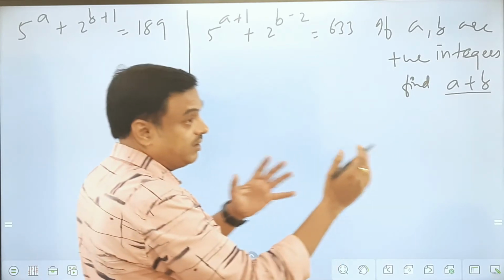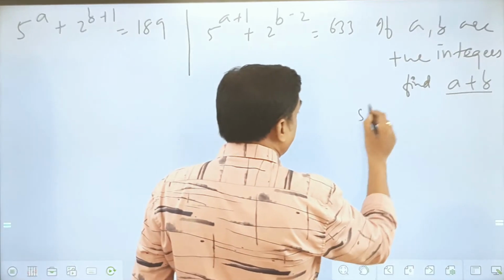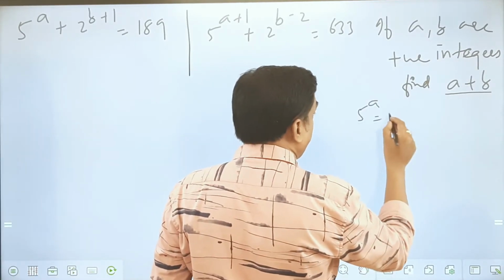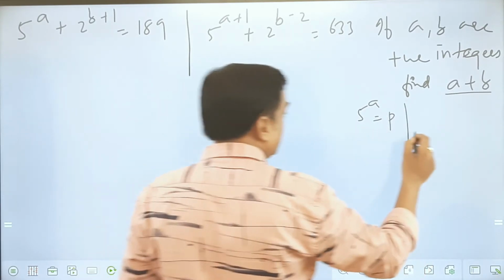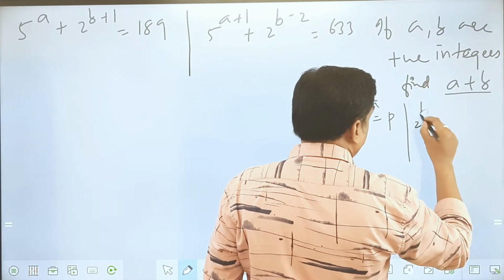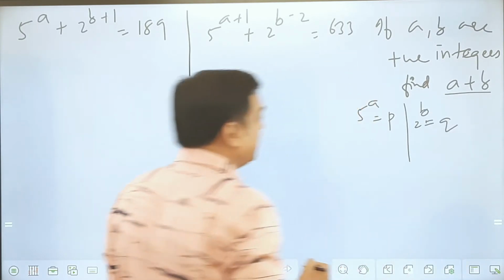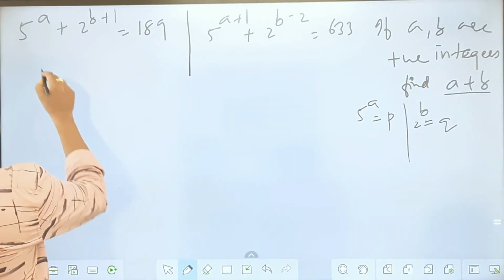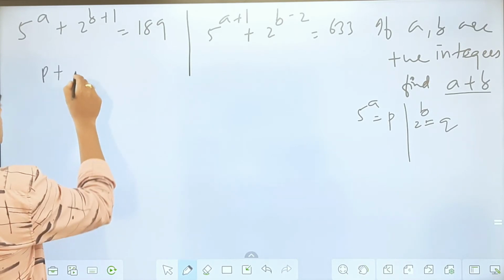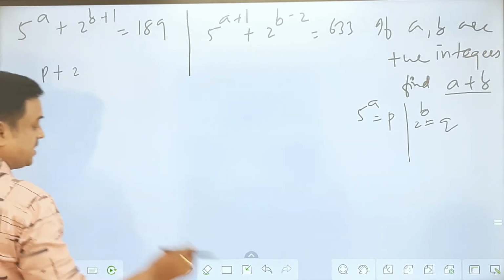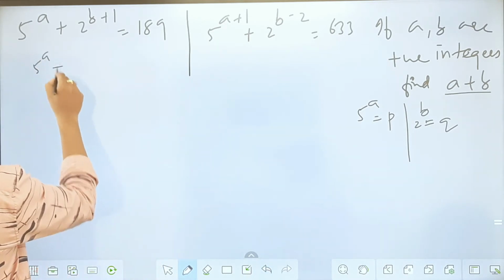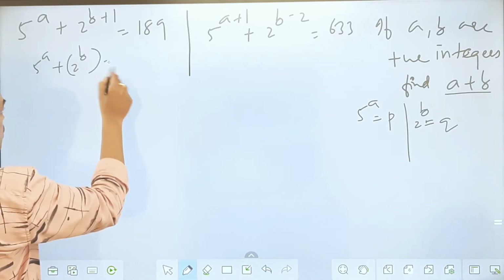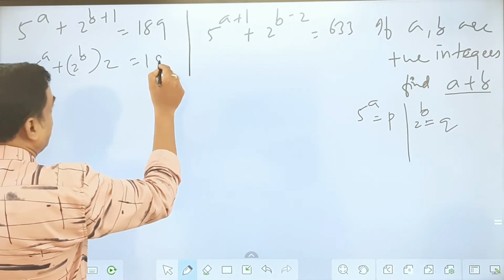The first method is taking 5 power a as p and 2 power b as q. If you replace, this will be p plus 2q, or else you just make a note here like this. One step I'll write 5 power a plus 2 power b into 2 is equal to 189.